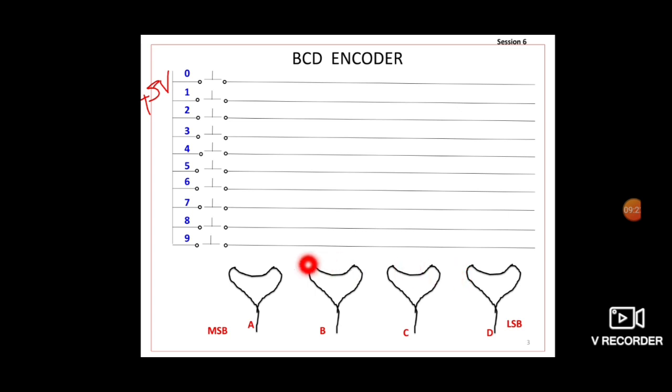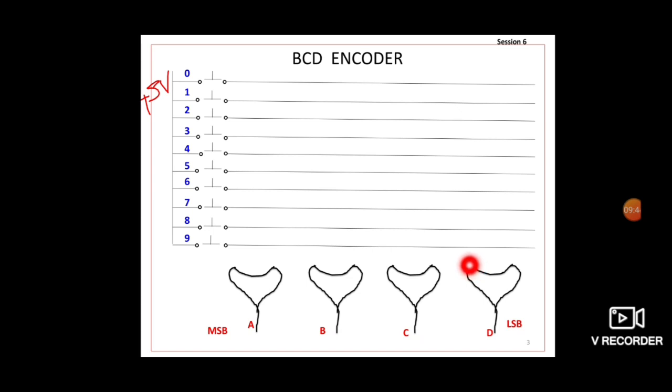Now see, the switch gets connected to the OR gate, and after pressing it automatically generates its equivalent BCD code.